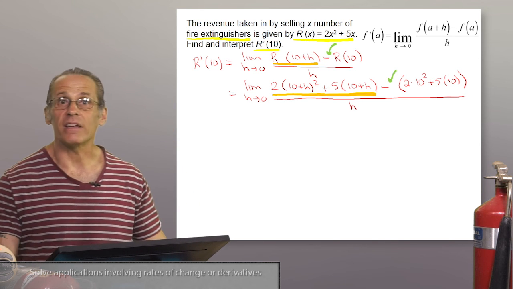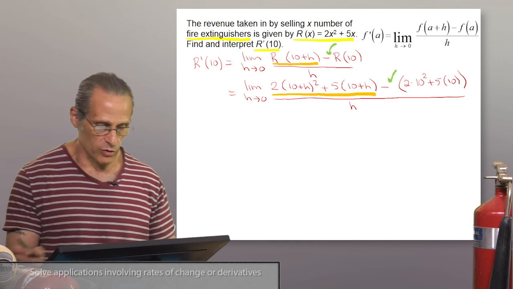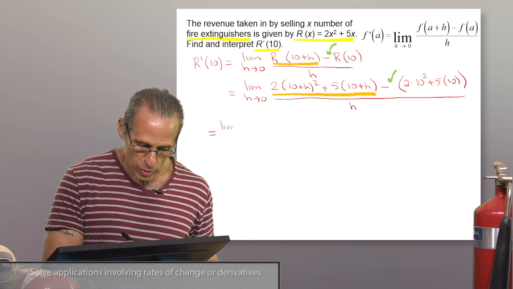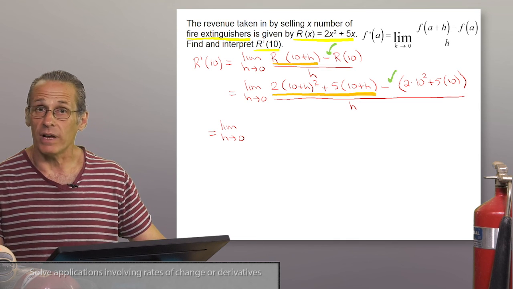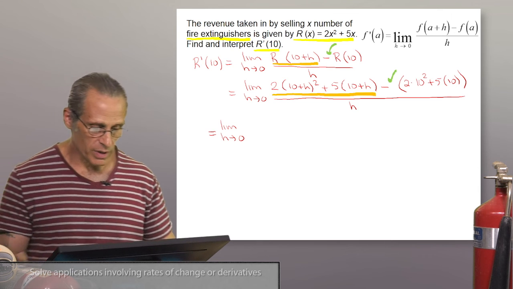And I'll look to see if I can evaluate, and I can't. I cannot substitute in a 0 for h. It makes my denominator equal to 0. So I'm going to have to multiply through and see if I can get a bunch of cancellations so that eventually I can factor out an h from the numerator and cancel it with the h in the denominator.